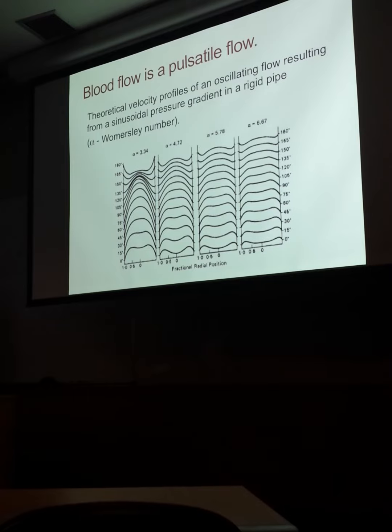The other aspect is that there are interactions with the wall of the blood vessel, which we really don't take into account when we're talking about laminar flow. So we're not talking about a rigid, unchanging vessel wall, so there are some interactions there.